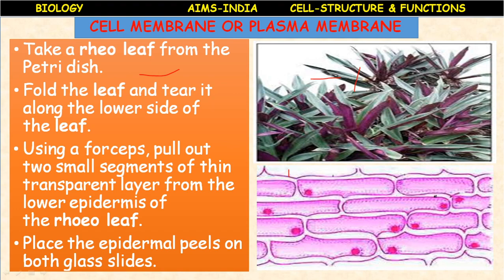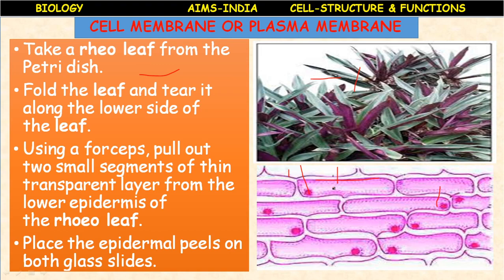So here you can see the shrunken cytoplasm. Shrunken cytoplasm you can see here. You can see the outer membrane. This is cuticle, outermost layer around the cell membrane. So this is the cell membrane actually, and it is the nucleus when you observe under the microscope.